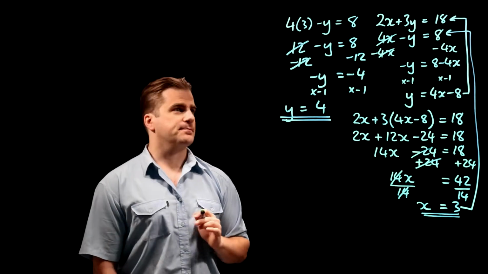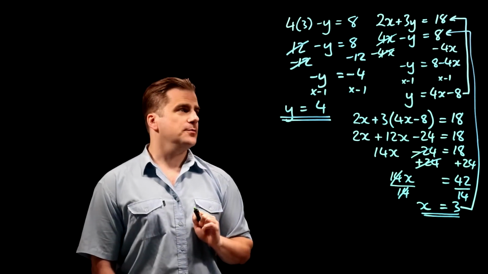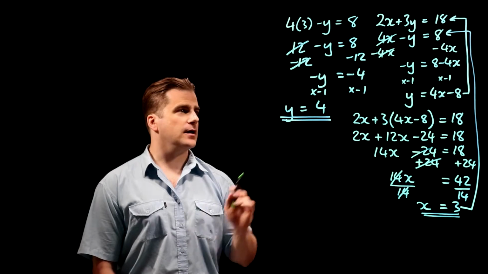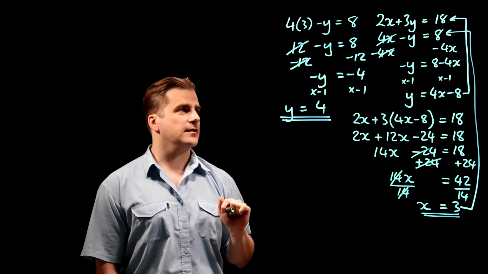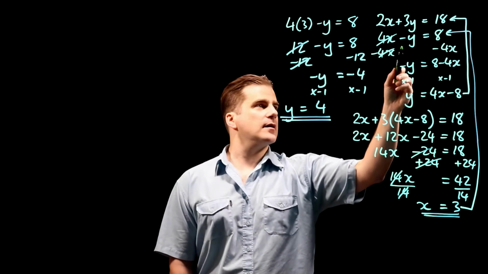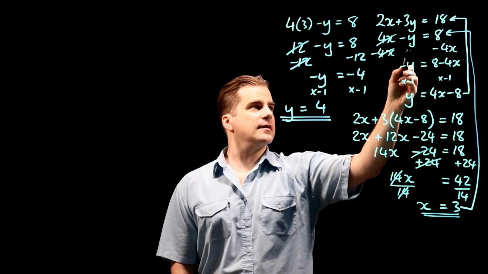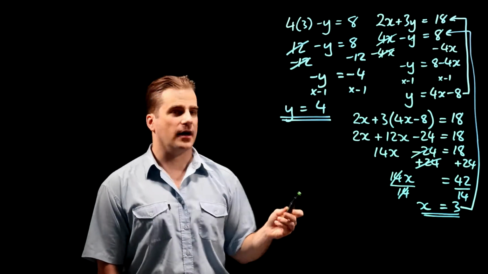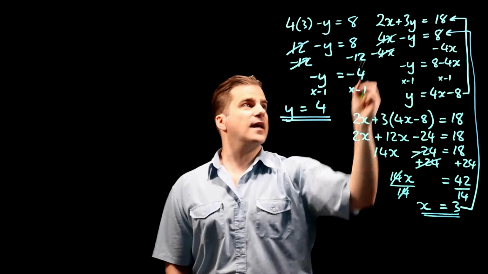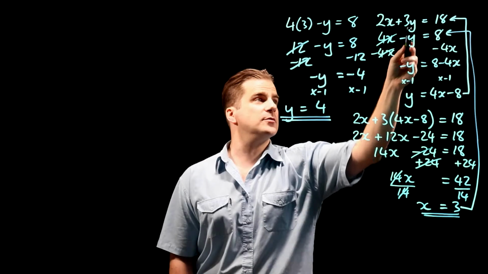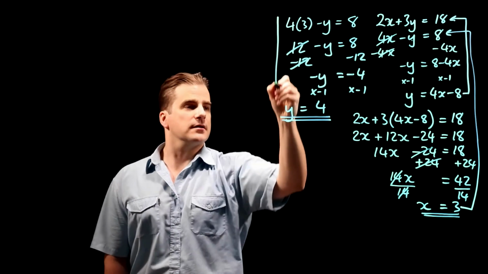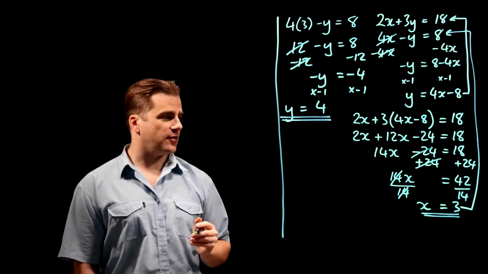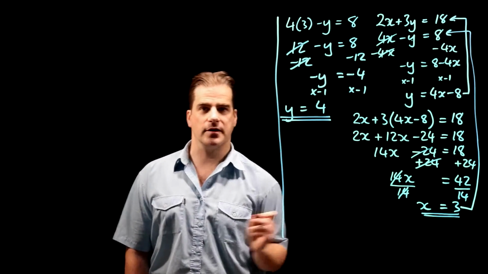Good, well that's it. So let's do it again, and this time, rather than isolating this y, I'll isolate this x, just to show you it doesn't matter which of these four you choose to isolate. So let's start again, and if I do everything correctly, we should get the same answer.